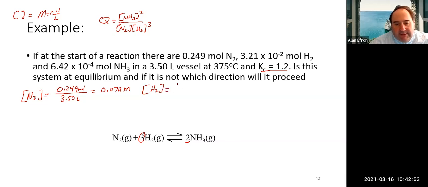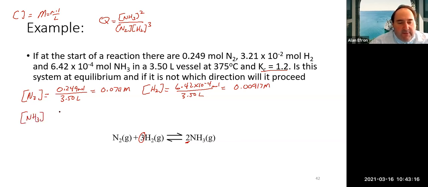Moles being 6.42 times 10 to the minus 4 moles divided by our 3.50 liters. And looks like maybe here we get 0.00917 molar. And lastly, we could do that for our NH3.